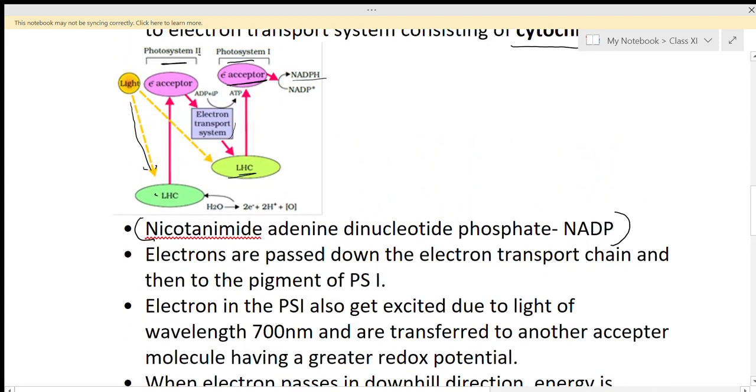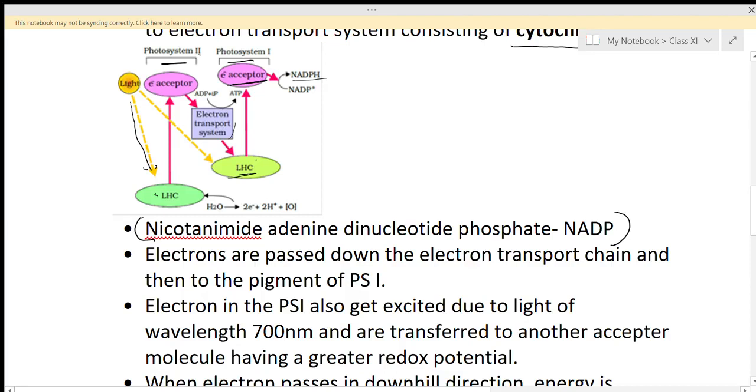We can say that photosystem 2 absorbs the sunlight, electrons are accepted by the electron acceptor, then transported through the electron transport system to photosystem 1.